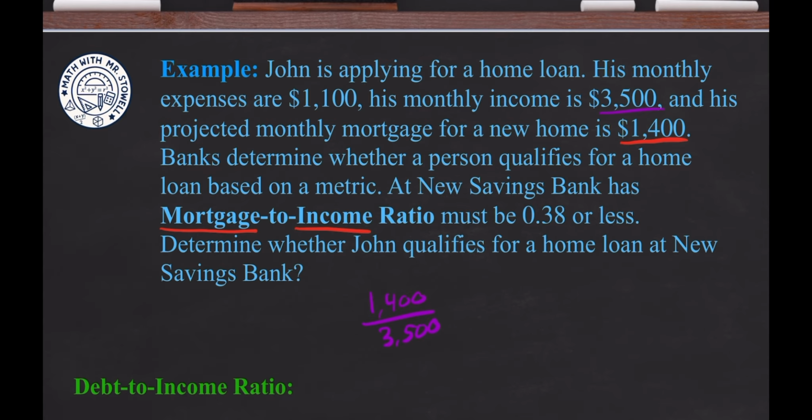It's a fraction comparing these two numbers. Dividing it out, you can take your calculators, this should give us about 0.4. And is that less than or equal to 0.38? No. So in this case, John does not qualify.